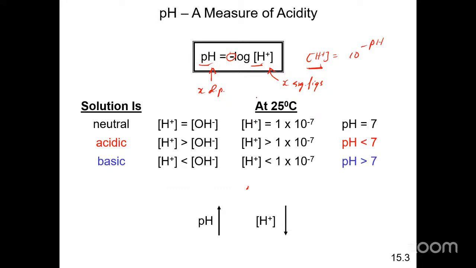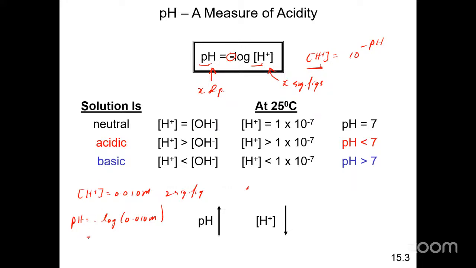So for example, let's say the concentration of H plus is 0.010 M. So this is 2 sig figs, right? If you're calculating the pH based on this formula, pH will be equal to minus log of 0.010 M. If you do that on your calculator, the display will show 2, but you have to express it to 2 decimal places, because this number is expressed to 2 sig figs.